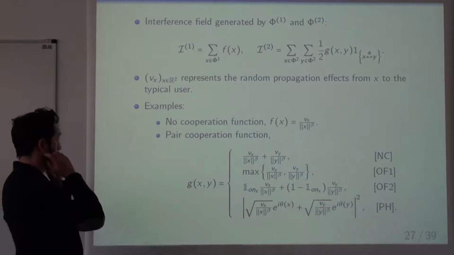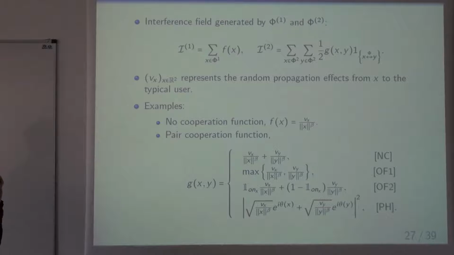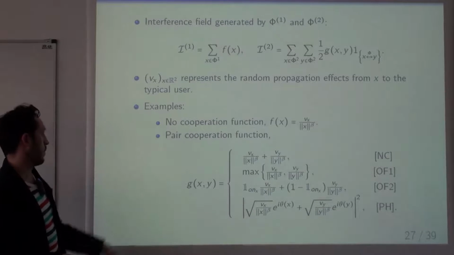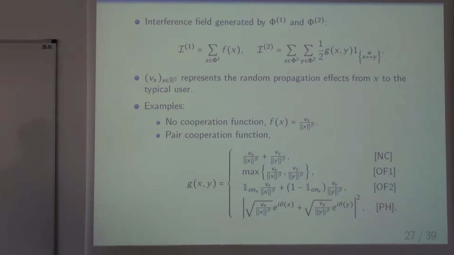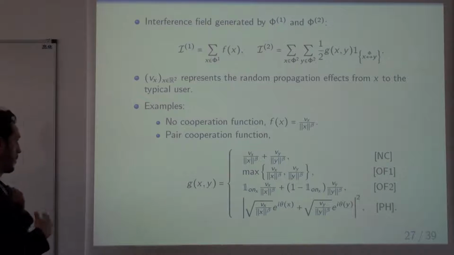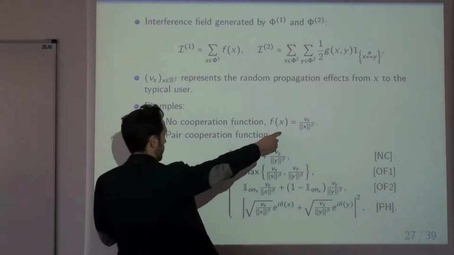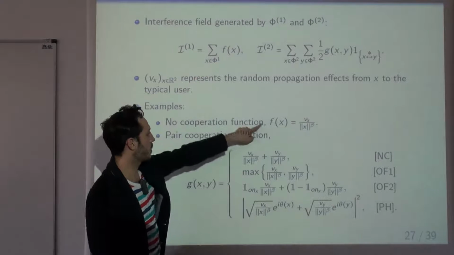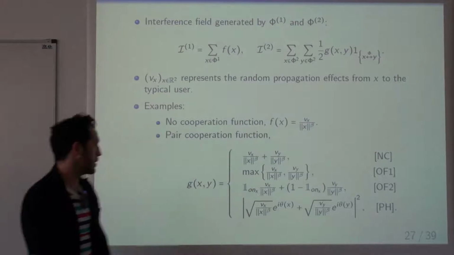If Vx represents the random propagation effects from X to the typical user, some examples of the interference generated by each cluster or each single: the interference generated by the single is going to be the sum of orthogonal signals.